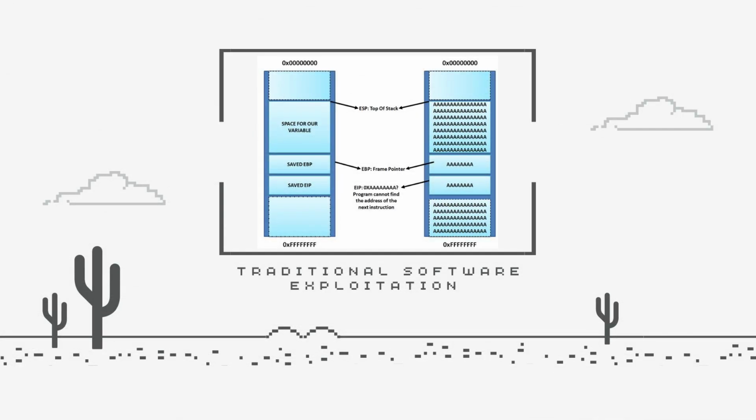The process looked something like this: overflow a buffer, overwrite the return address to point to your shellcode on the stack, and when the function returns, your code executes. Simple, effective, and for many years, this was the standard approach.